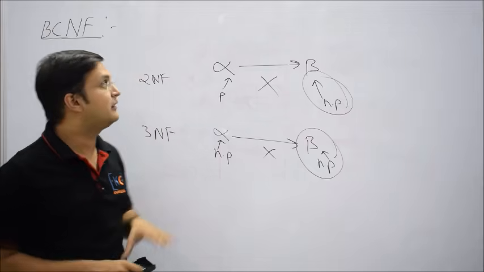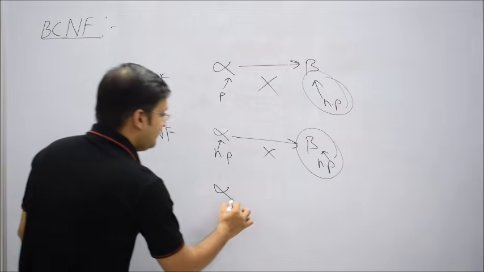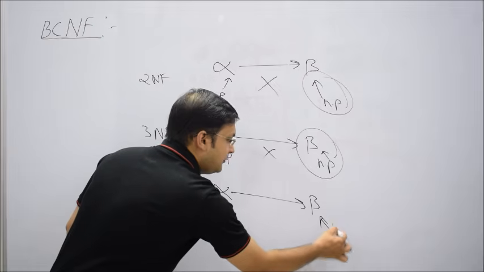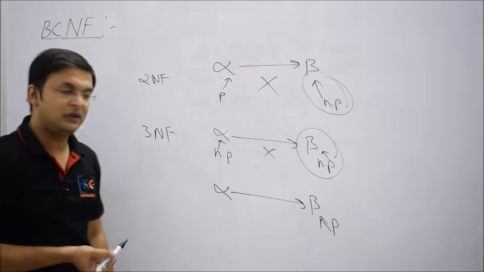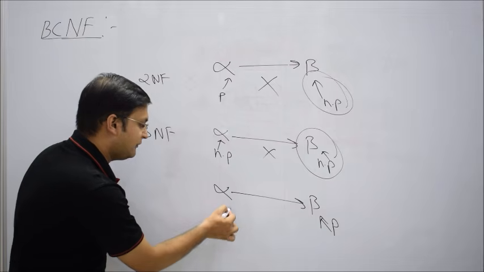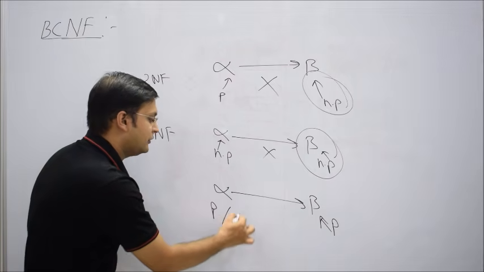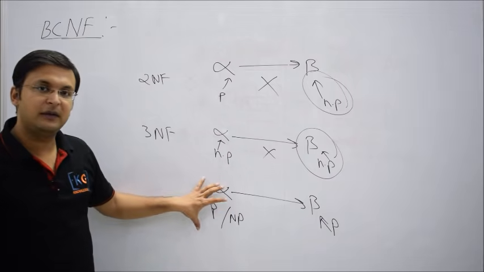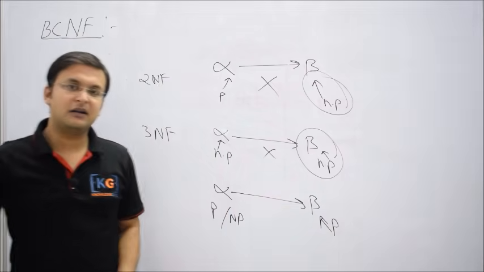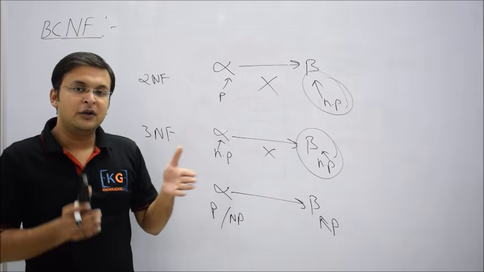The answer is no. For example, now if I ask you, if there is a dependency from alpha to beta and if there is a prime attribute on the beta side, you see, if the derived attribute itself is beta, now this alpha could be prime and what? Non-prime. Now what is this kind of dependency? You understand this thing? If you start deriving a prime attribute, you see, before what were you doing?